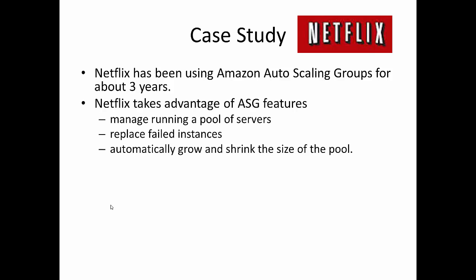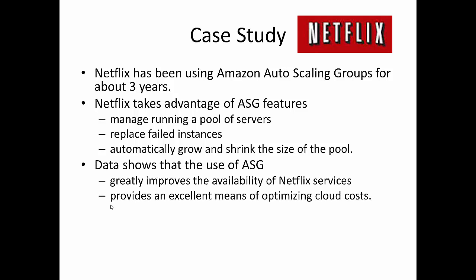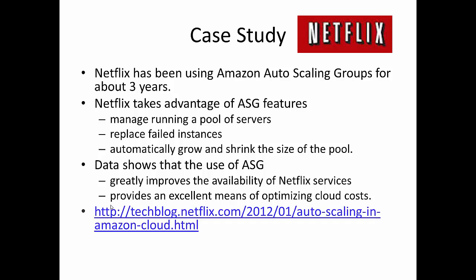They can manage running a pool of servers, they can replace failed instances in their autoscaling group, and they can automatically grow and shrink the size of their server pool. They've done a couple of studies that show that the use of ASG greatly improves the availability of Netflix services and provides an excellent means of optimizing costs. You can read more about this in their blog, as shown on screen.